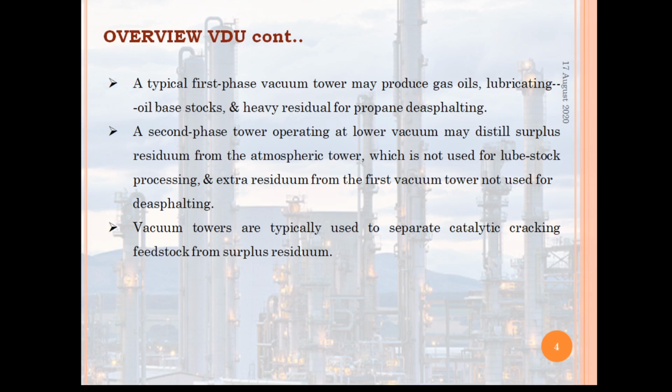Whatever extra residuum we are getting from the second phase tower is used for the propane deasphalting process. And next, the vacuum towers are typically used to separate catalytic cracking feedstocks from surplus residue. Okay.